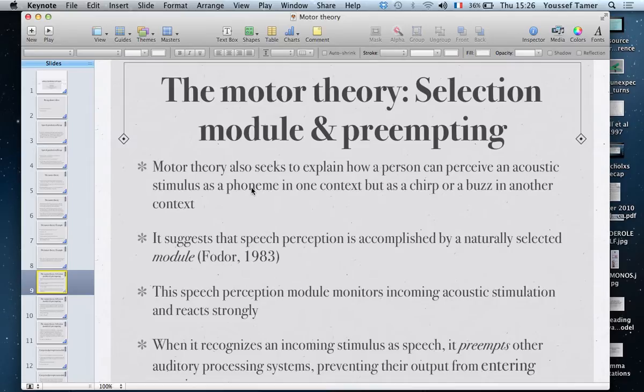The perception system is not random in the sense that it doesn't digest everything it hears. It only digests the real sounds, while the others, which are like noise or whatever, it lets go. Don't bother about these, okay? So this is a module advocated by some people, called selection module and preemption.